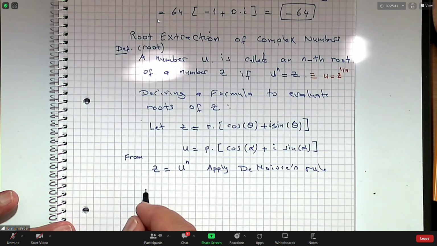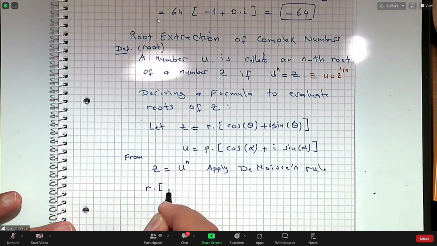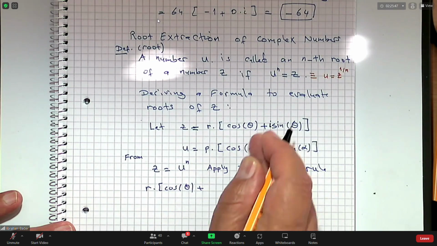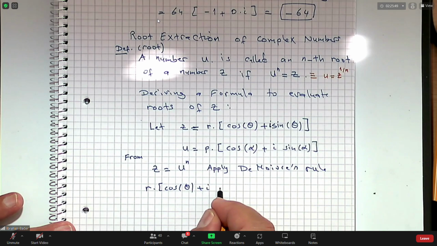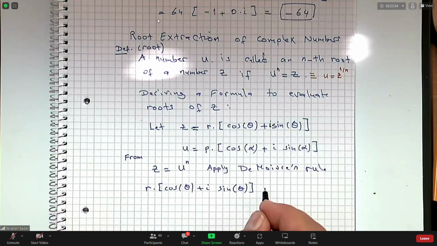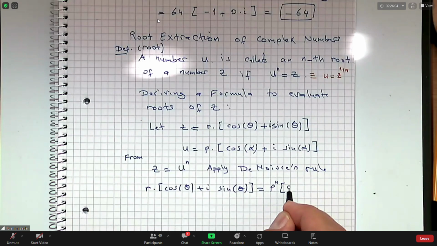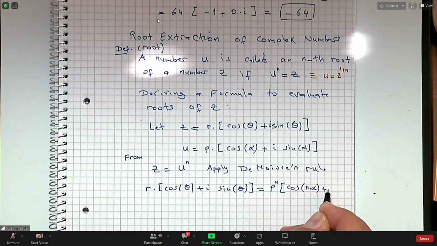z is equal to r times cosine theta plus i sine theta, which is equal to u to the power n. I'm just plugging in what I assumed up there. So I have here p to the power n, cosine of n times alpha plus i sine of n times alpha.